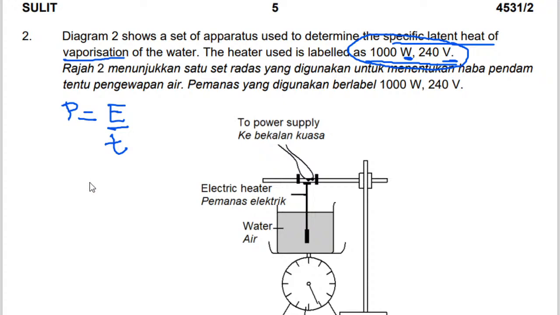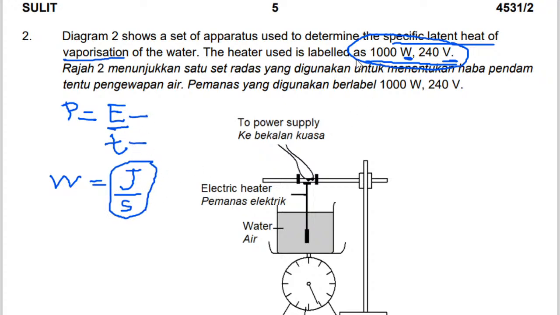The unit for energy is joule, and T here is time per second. So when you want to define this 1000 watt, you need to talk about energy and time.